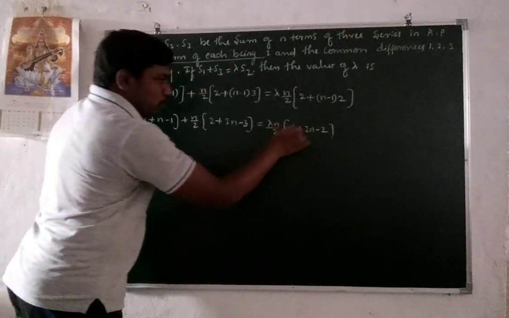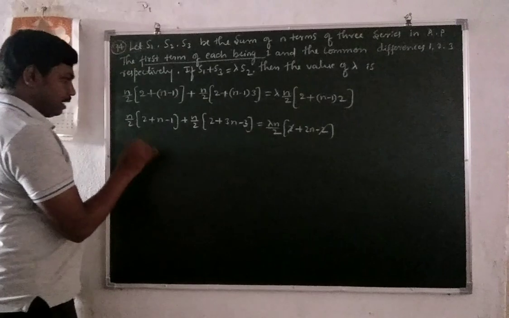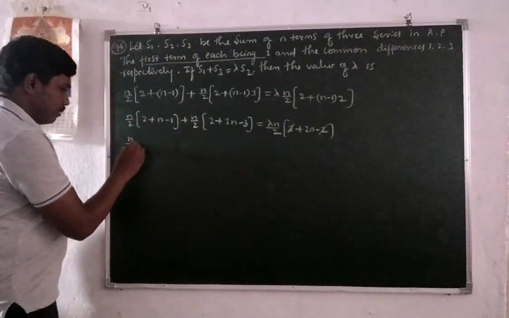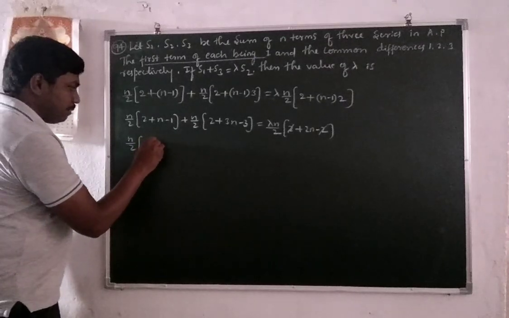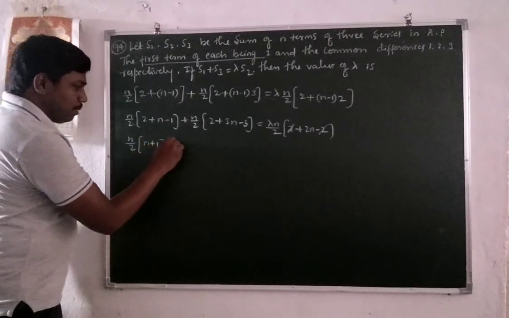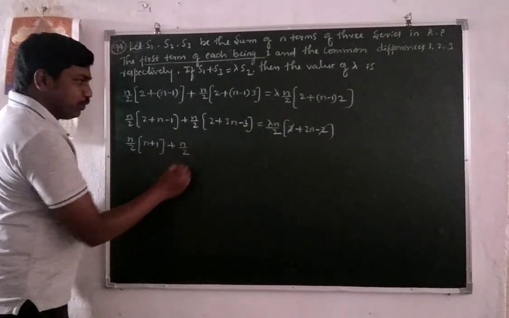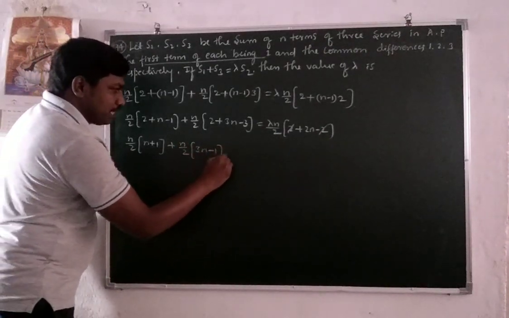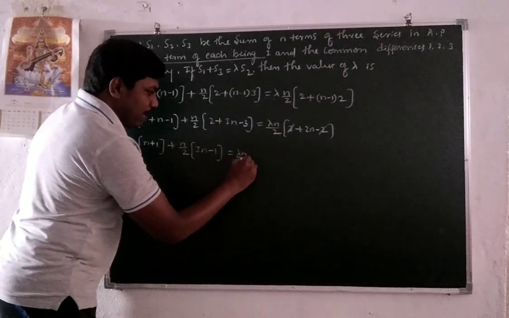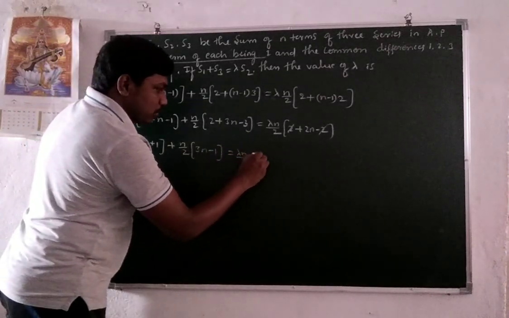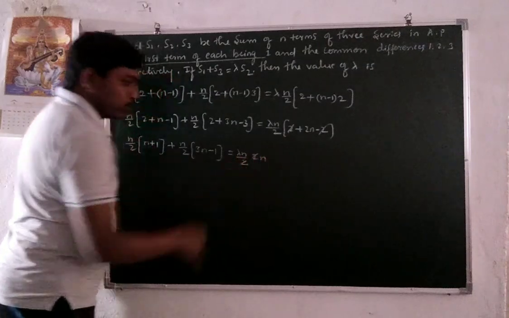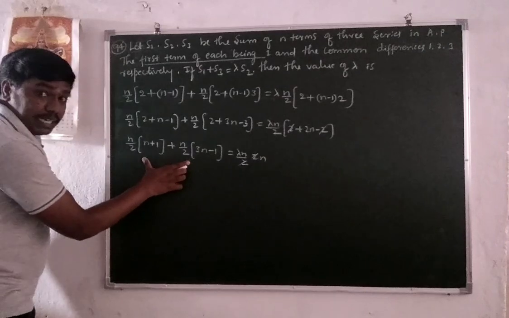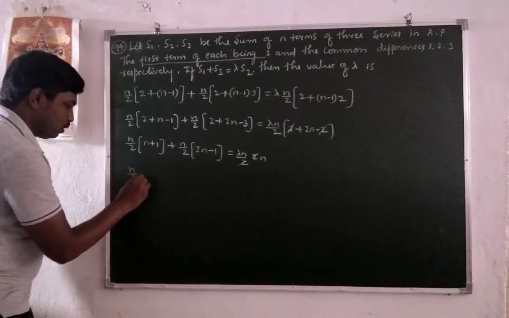The 2 minus 2 gets cancelled, so on the left, 2 plus n minus 1 gives n plus 1, plus n by 2 into 3n minus 1, is equal to lambda n by 2 into 2n. On the left-hand side n by 2 is common.